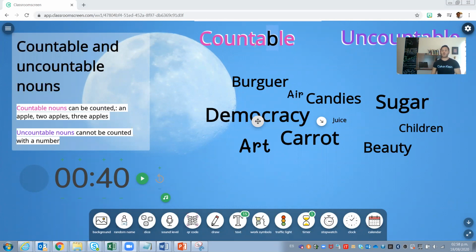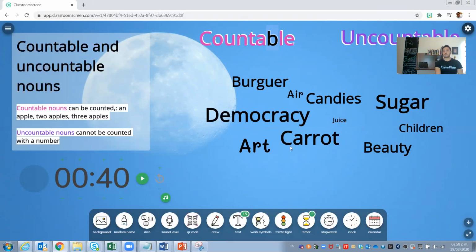For example, one apple, an apple, two apples, or three apples. Uncountable nouns cannot be counted with numbers. And in this example, we have burger, air, candies, sugar, democracy, juice, children, carrot, art, and beauty.